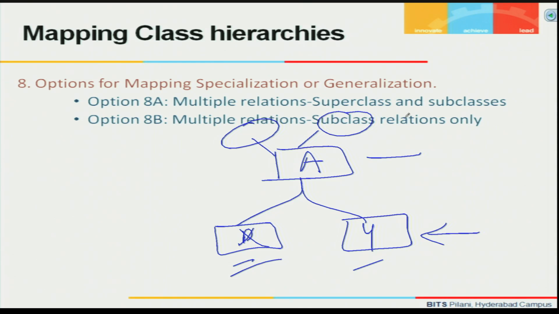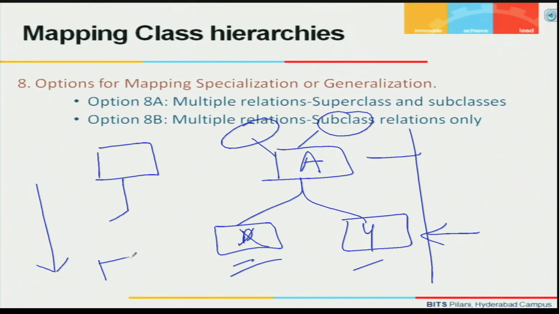We can have any number of classifications based on different criteria for a given superclass. If I have the superclass defined first and then define subclasses next, it is called the specialization mechanism. If I have subclasses first and then find the superclass by factoring out the common attributes from these two subclasses, it is called the generalization mechanism.